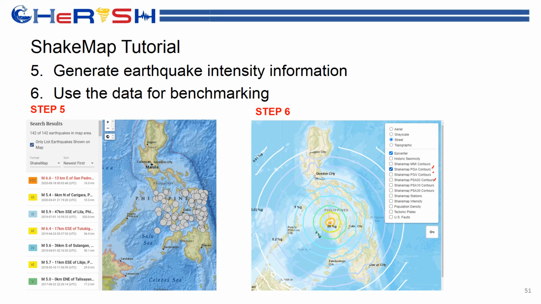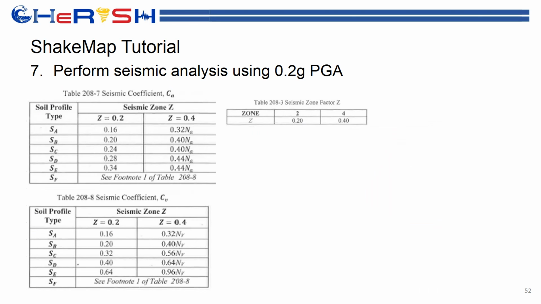For example, I want to know the PGA contours based on that earthquake event, and then it will show you this PGA contour. So for example, here in the Iloilo area, in 1948, due to the 7.8 magnitude earthquake, the buildings in the Iloilo CBD experienced an intensity of around 0.2 G. So I will then use that 0.2 G to create my response spectra.